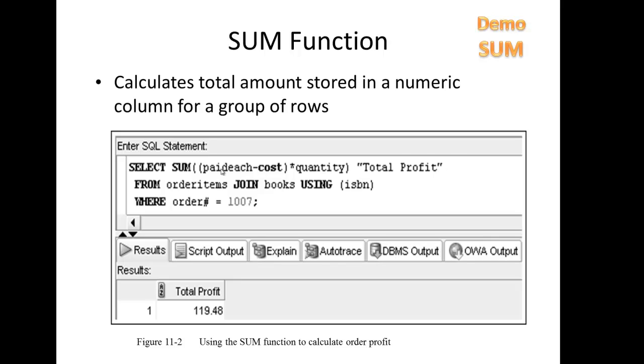So whatever you return is going to be labeled as total profit. From order items, you're going to join that to the books table using the field called ISBN, so that's a field we have in common, where the order number is equal to 1007. When we run that, we get one item with a total profit of 119.48.